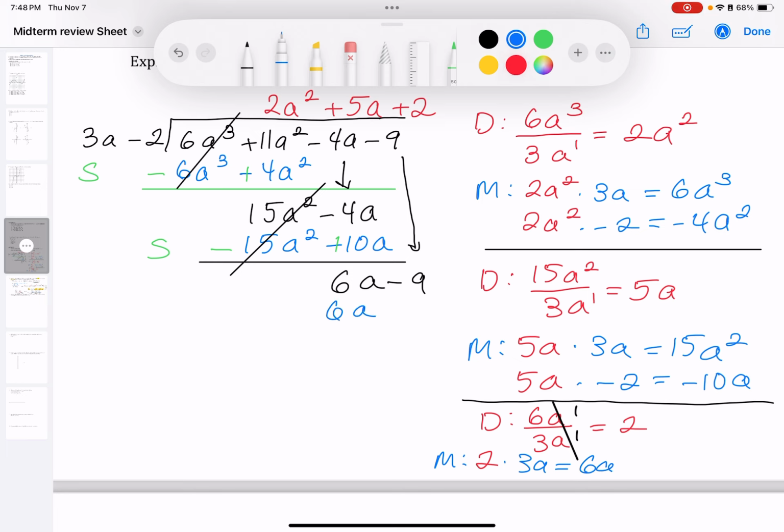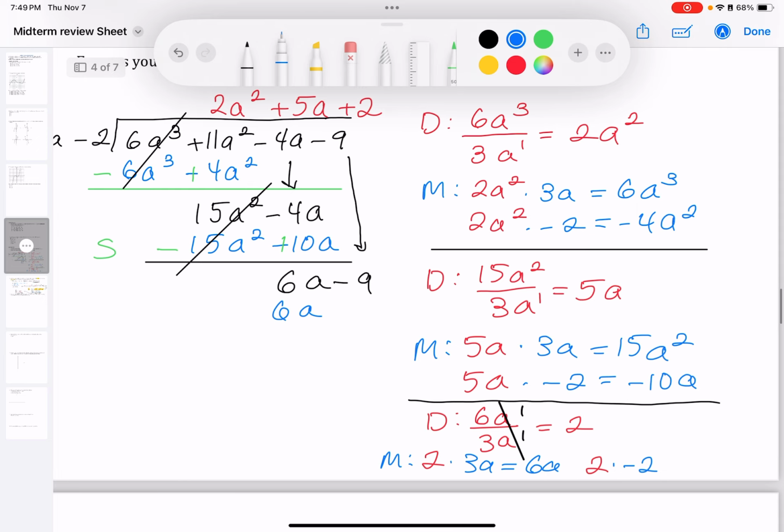And then we're going to multiply the next one. 2 times -2. We have more room over here. 2 times -2, that's -4. Let's put our -4 here.